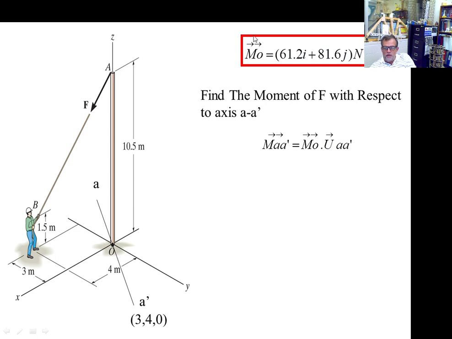I don't know if you realize that I'm talking about moments and I'm putting a double-tip arrow here. That's commonly used to distinguish a moment vector from a force vector, for example. For a force vector you use one tip, and for a moment you use two tips, but it's basically the same thing.